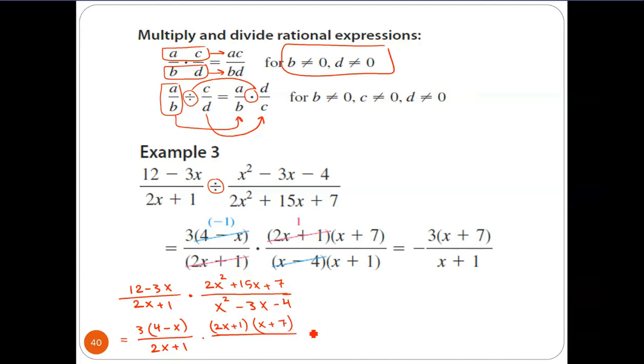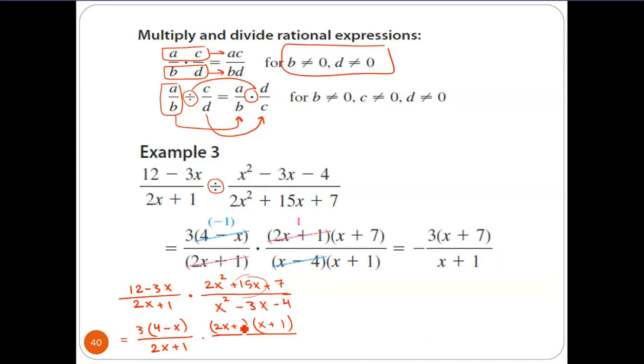Okay, if for example we put 7 here and 1, this is not correct. Why? After multiplying 2x with 1 we have 2x, and 7 with x we have 7x, so the addition equals 9x, not equal to 15.